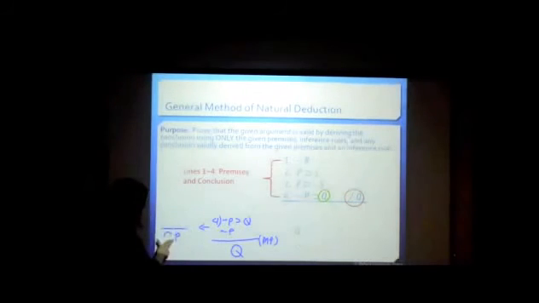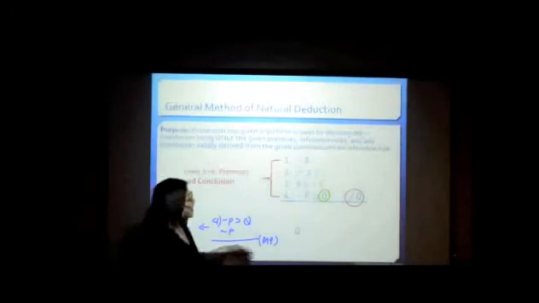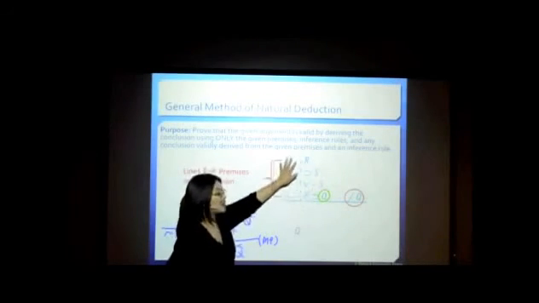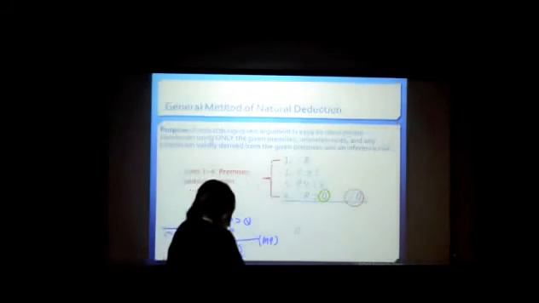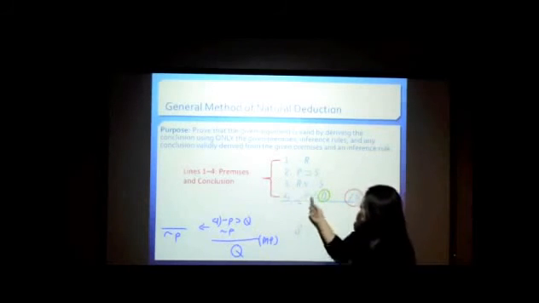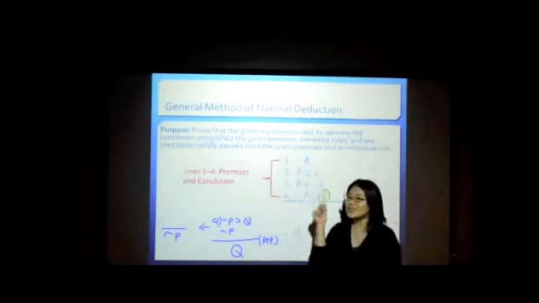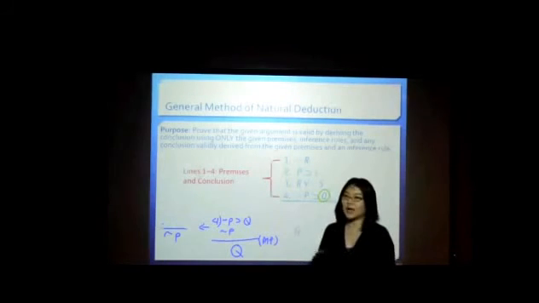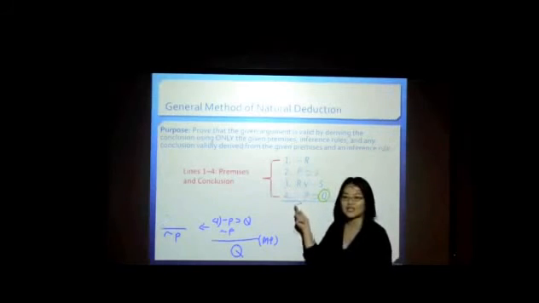So now we start the same strategy over again, with this being the new conclusion. We look at not P as the new conclusion, and we see if we can find it, or parts of it, somewhere here in the premises. Now, notice how here we have the not P in the antecedent of 4. However, there is no inference rule that will allow you to conclude the antecedent of a conditional.